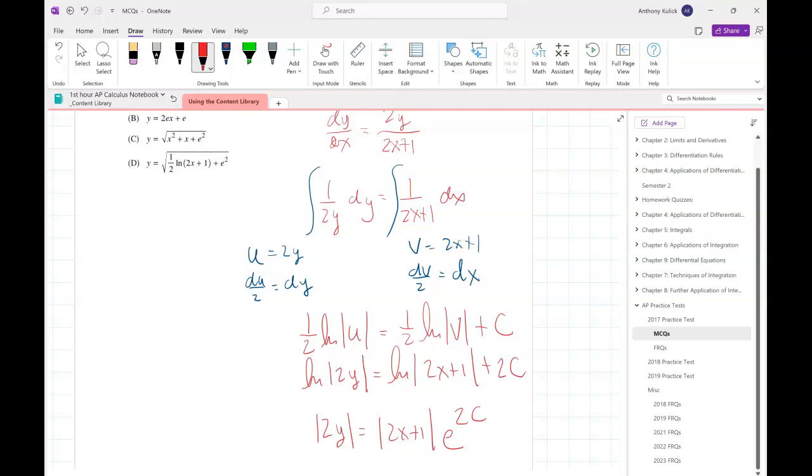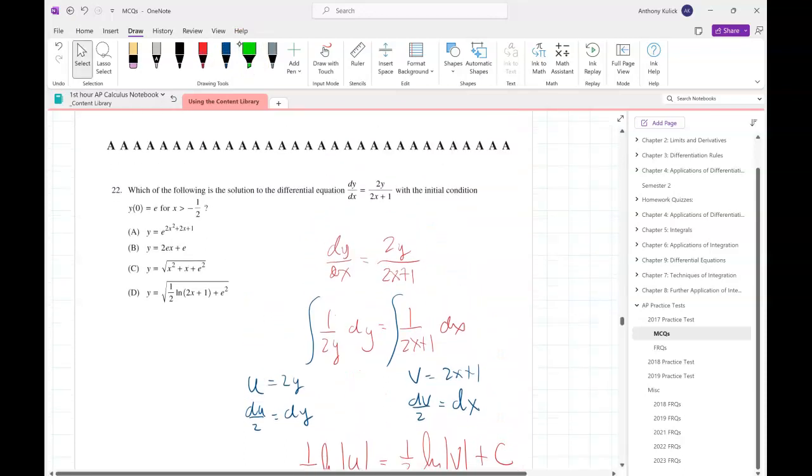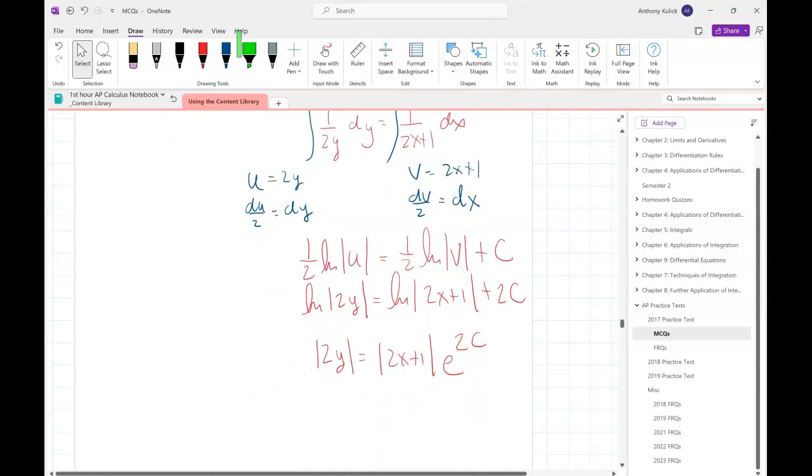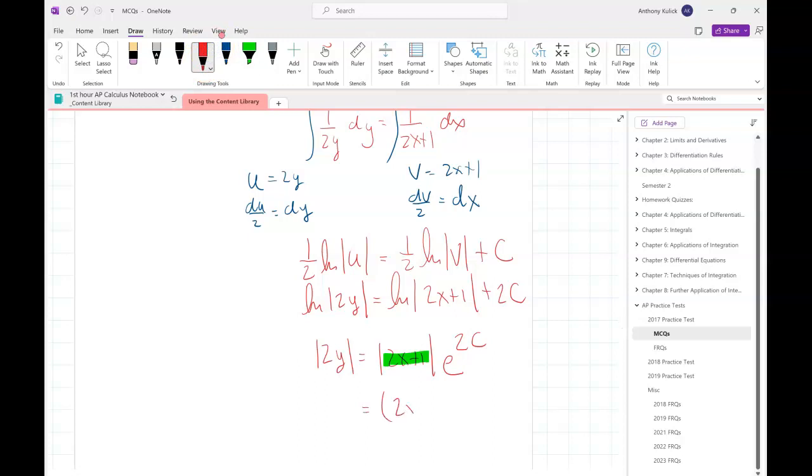That same exponent trick that I pulled earlier when I did number 14. Now, since I know that x is greater than negative 1/2, I know I can drop my absolute value there.